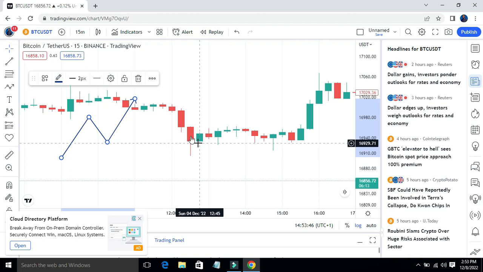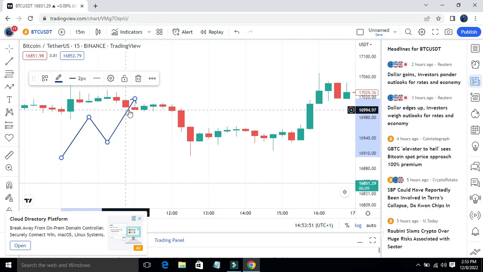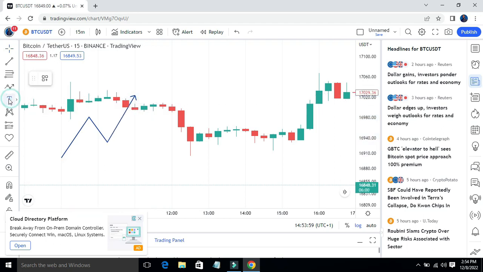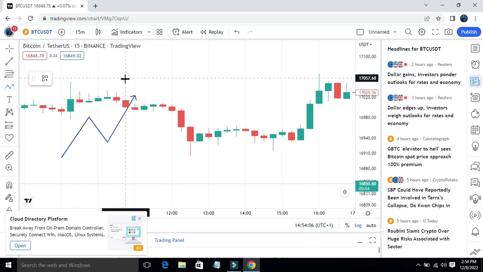Most likely there is going to be a reversal in the trend. That reversal will be that we go from this one to now a downtrend. So we basically reverse from going up to coming down.